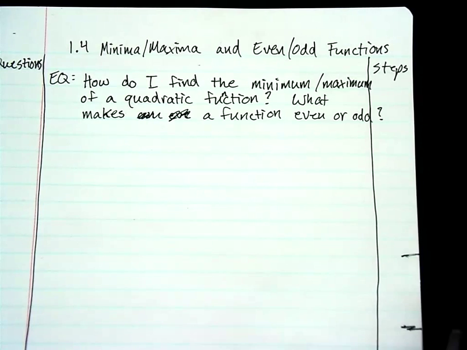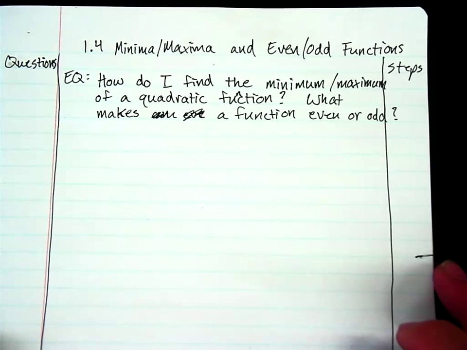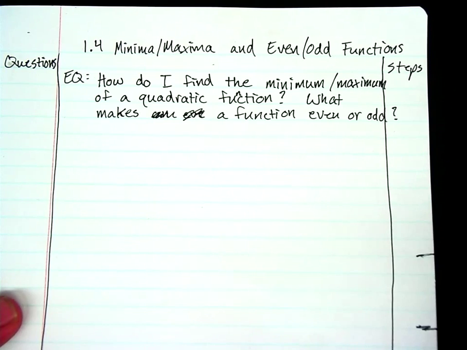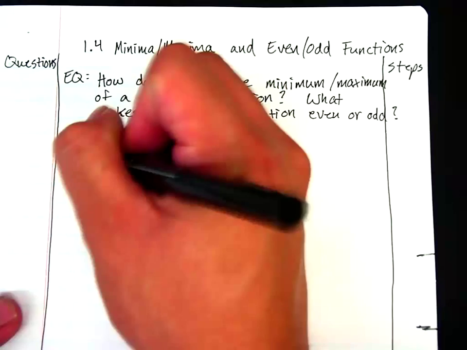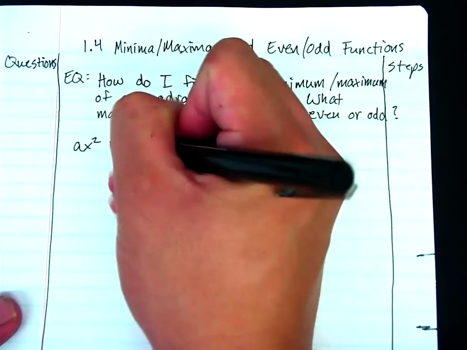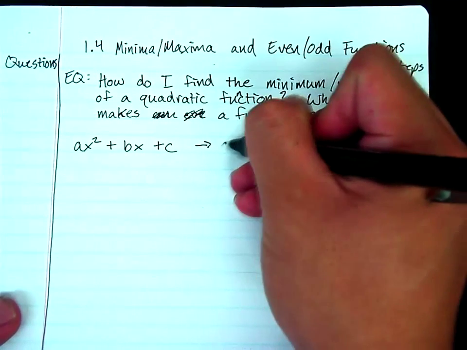So again, there's the essential question if you still need it. But I'm going to start with a few reminders. First off, when we're talking about a parabola, we're usually dealing with a quadratic function. Quadratic functions are those that look like ax squared plus bx plus c.